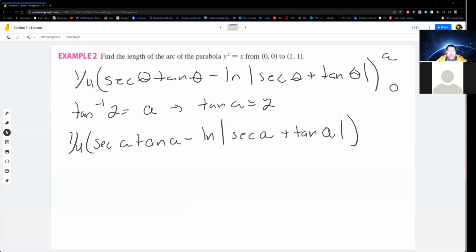So now I've got to figure out what secant of A is. I know that secant squared of A is 1 plus tangent squared of A. So that means secant squared of A would be 5. So secant of A is square root of 5.